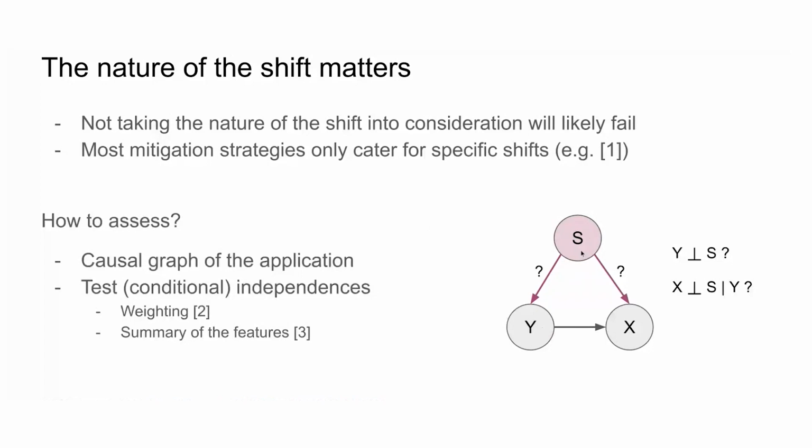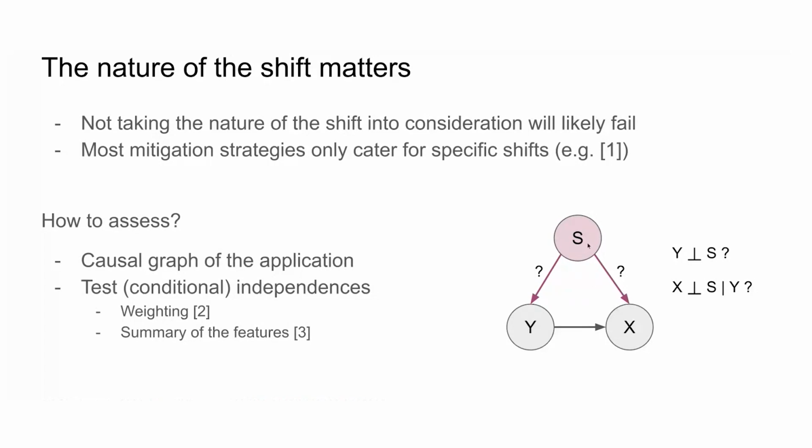And what we want to know is, okay, in the source, I know I have a certain relationship between Y and X, but now let's say that I want to apply my model in a new hospital or with a new device. How can I test whether my label or my features will be affected by the environment?